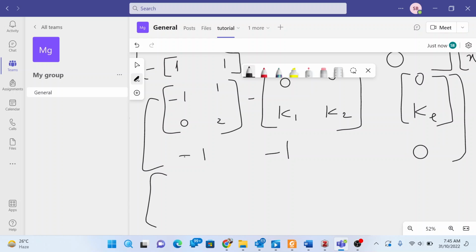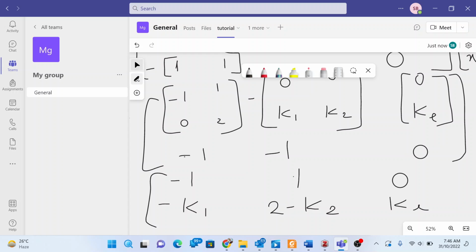This is going to be minus 1, and 1 minus this is also going to be 1, and then this will be 0. Then 0 minus K1, so you have minus K1. Then 2 minus K2, so that will be 2 minus K2. Then the second one will be KE.